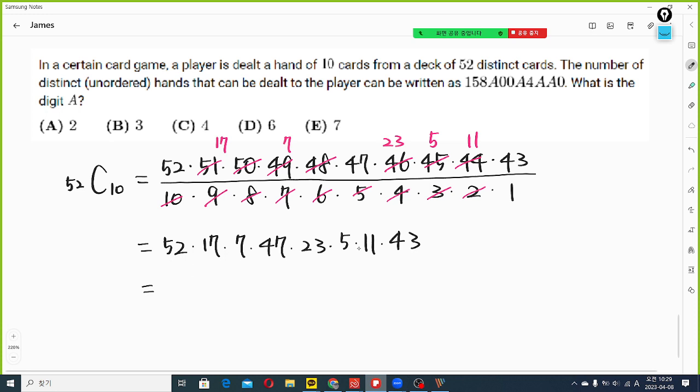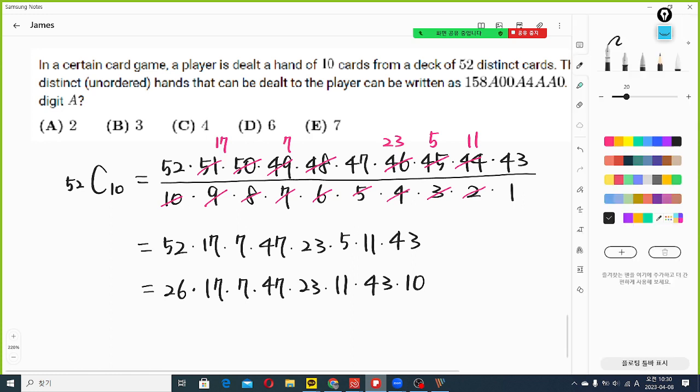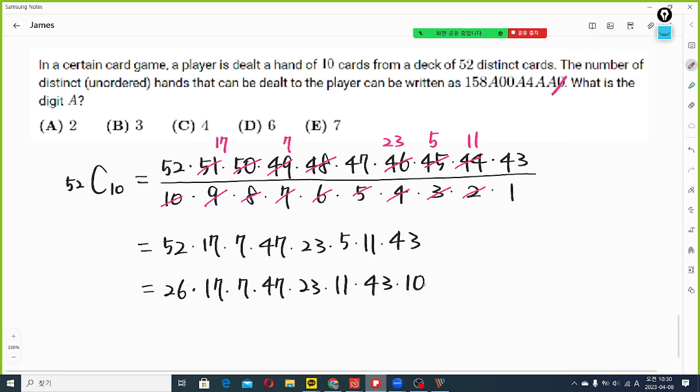Because 52 times 5 is 260. We can make this product. And now I want to cancel these zeros. So these two zeros cancel. So the number A will be the last digit. So that means we can only think of the last digit when we multiply these numbers.